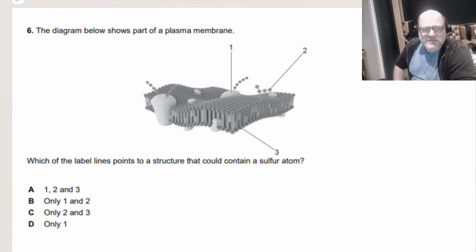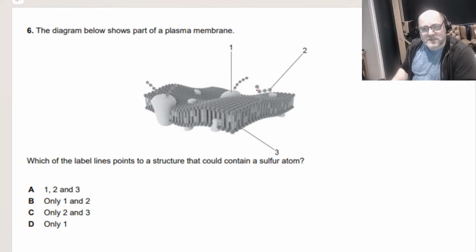Which of these could contain a sulfur atom? 1, 2, or 3? I can't really see what is what. So what you've got to say to yourself is, what is number 1 pointing to? It's pointing to a protein.